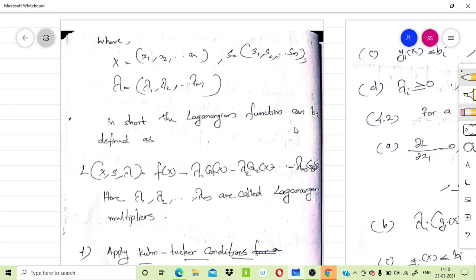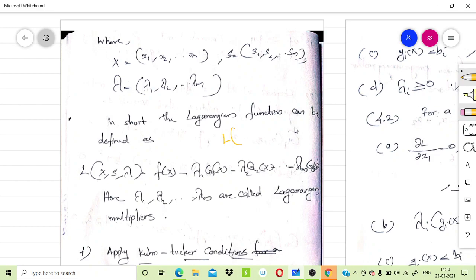So in short the Lagrangian function can be defined as L, which is a function of x1, x2, etc., xn, s1, s2, etc., sm, and lambda 1, lambda 2, etc., lambda m.